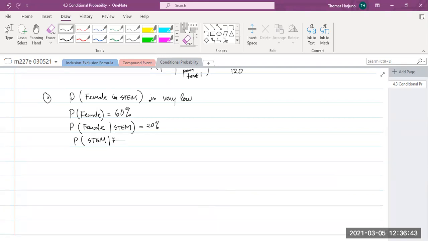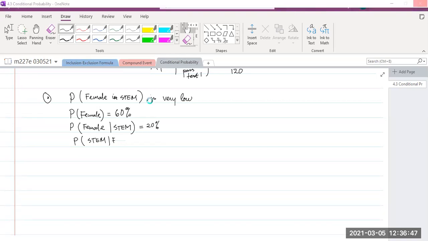Why can I not write on this? What happened? Give me a second. I don't know what happened with my computer. Something is not right with my computer. Give me a second.